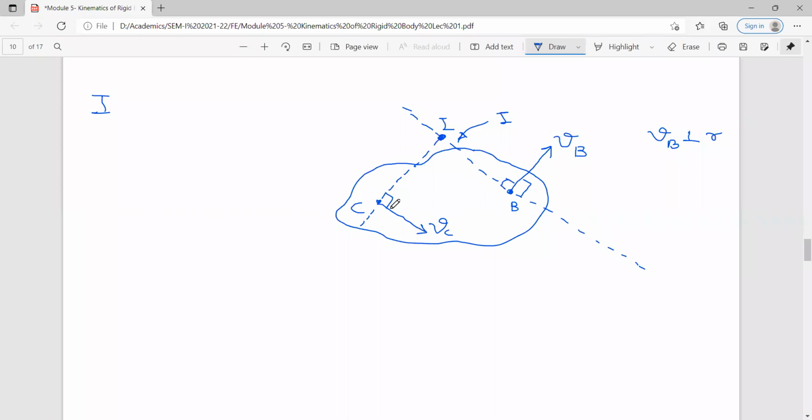Okay, so you also note down this: ICR, location of ICR from directions of velocities. You also note it down in 2 minutes.